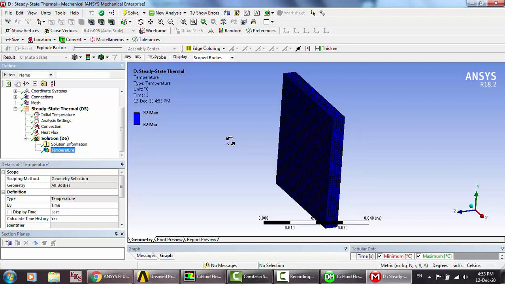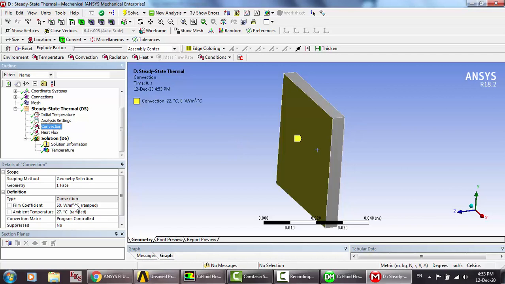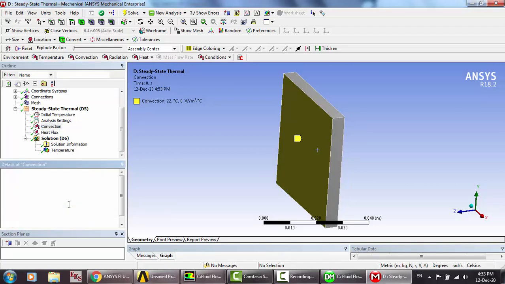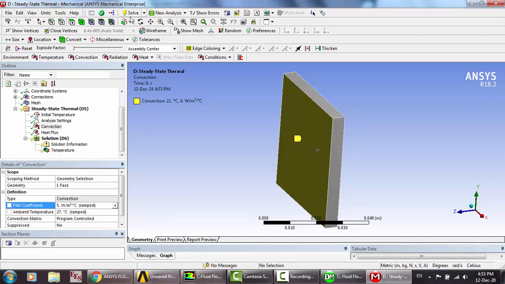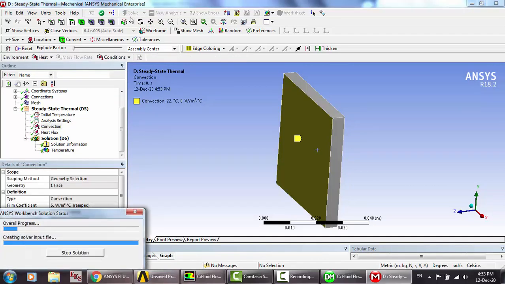So increasing H at the same flux decreases the temperature. This means that the heat is swept, rejected from the surface. This is after increasing H at the same heat flux, and decreasing it, of course, will increase the temperature.